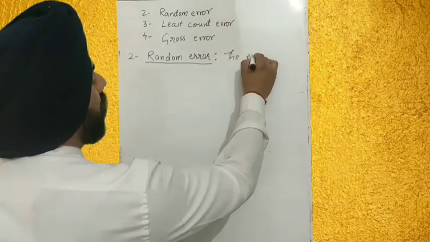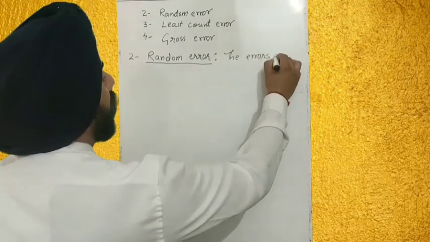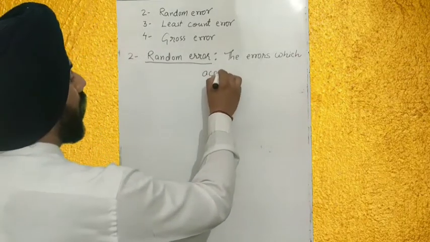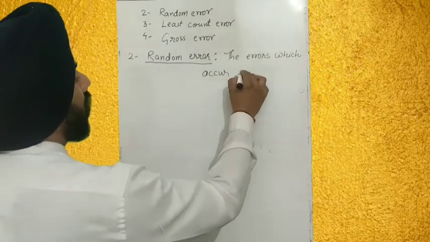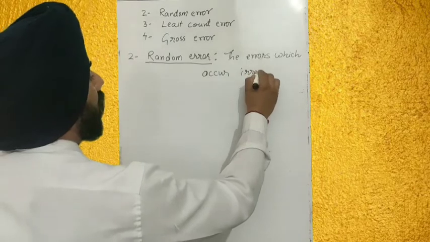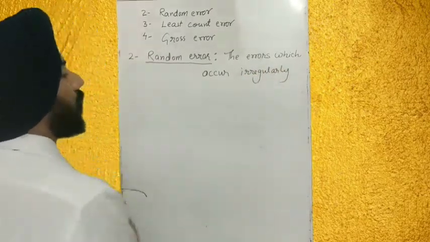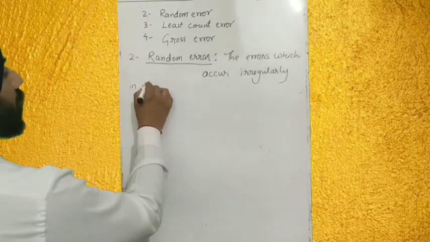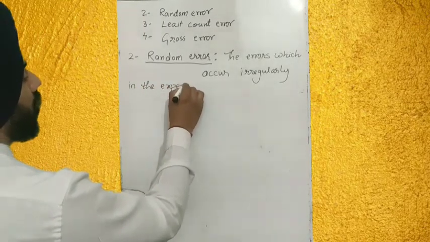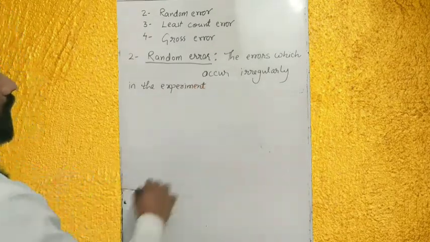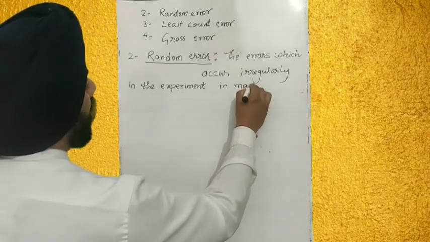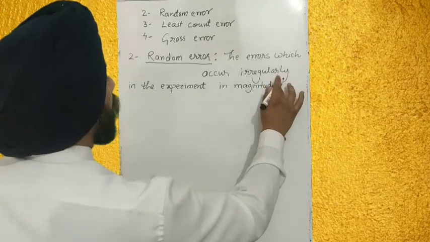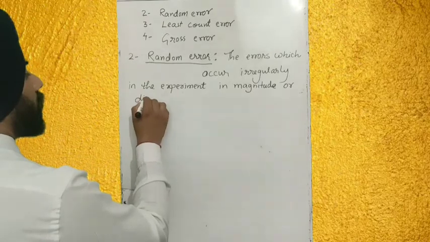The errors which occur irregularly in the experiment in magnitude or direction.